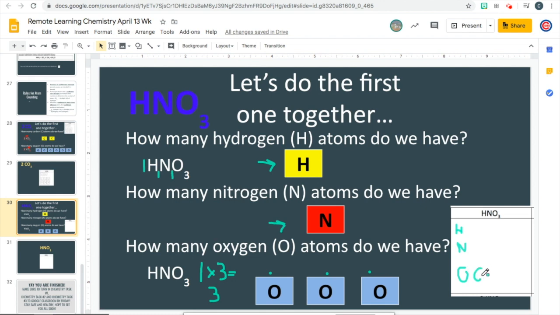So I'm just gonna write it like that. So again, don't worry about actually making the boxes, just type in the letters of the elements, but write down the correct number for each. So it should look something like this. Again, feel free to rewind, pause, and work through the rest of them.